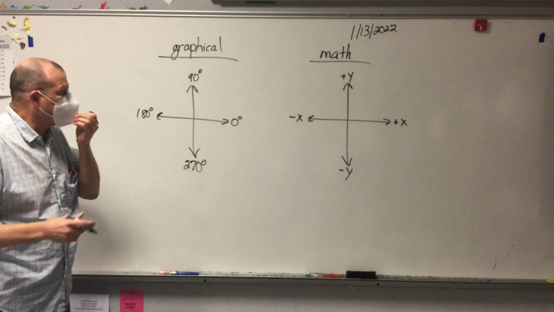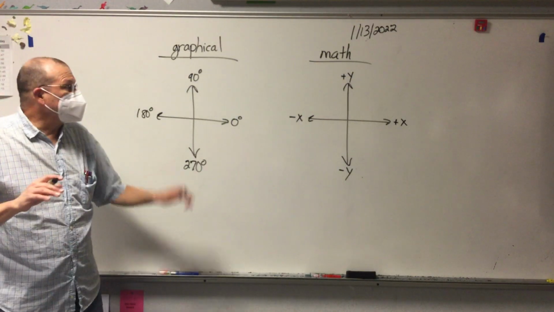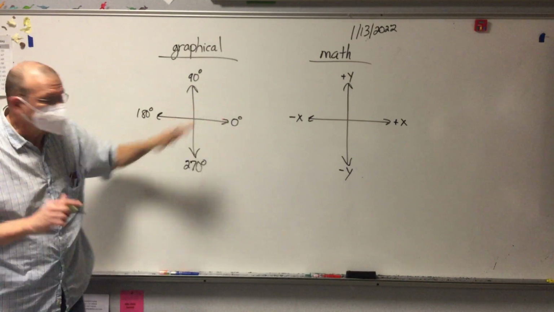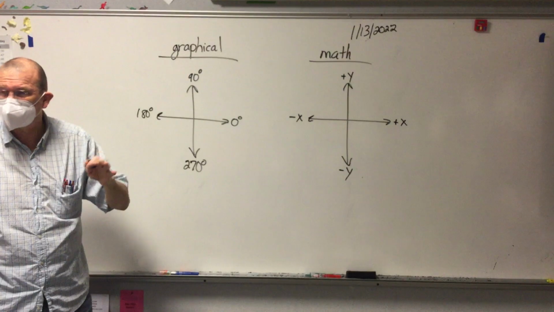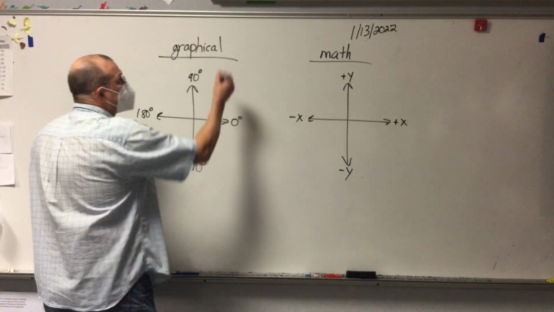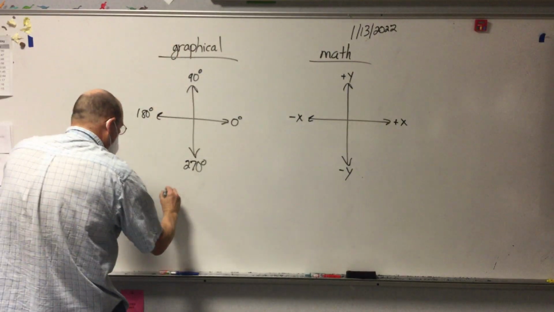So let's take a look at some generic vector, and I am going to focus specifically on the first quadrant, because this is where the connection between these two is going to be the simplest.